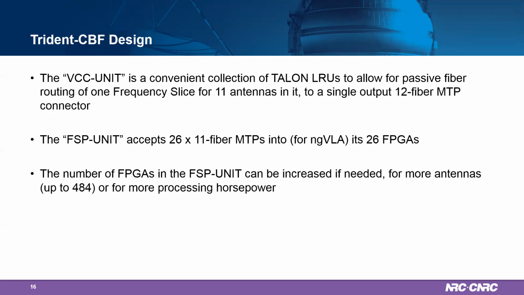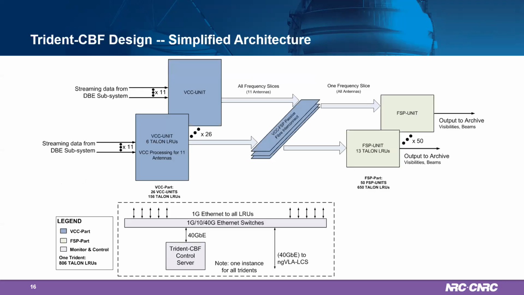In the FSP unit, which is one frequency slice processor, we receive 26 of these inputs to cover all the antennas, and there are 26 FPGAs that do the processing. It should be noted that the number of FPGAs in the FSP can be increased as needed to either accommodate more antennas or deliver more processing horsepower if required.